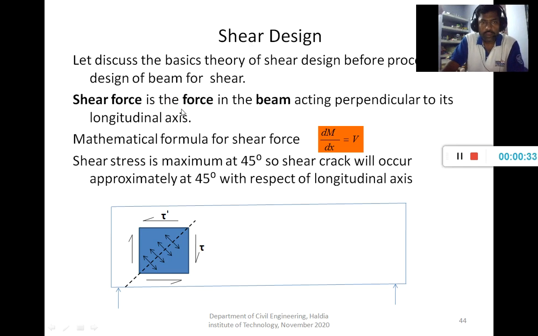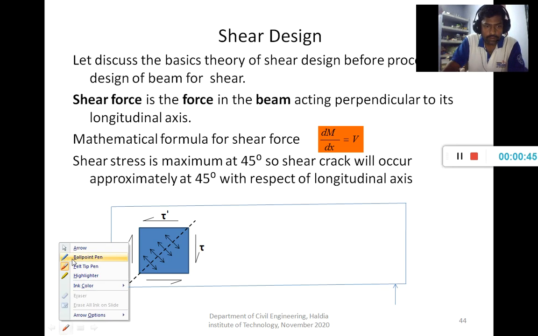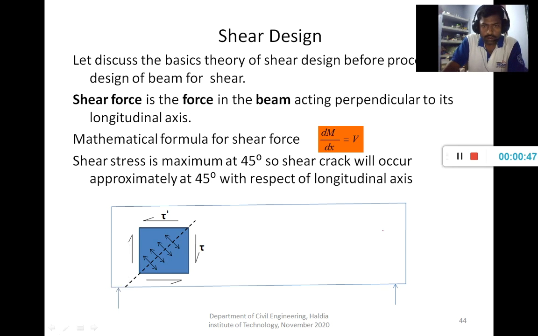So what is shear force? The shear force is the force in beam acting perpendicular to its longitudinal axis. So it means this is a tangential force which is acting vertically or maybe horizontally.